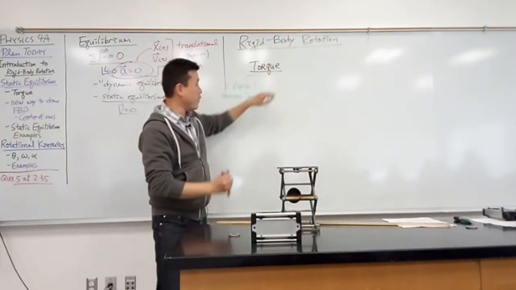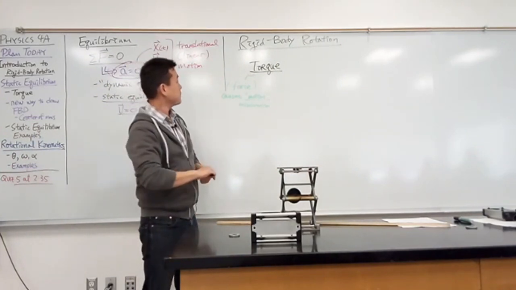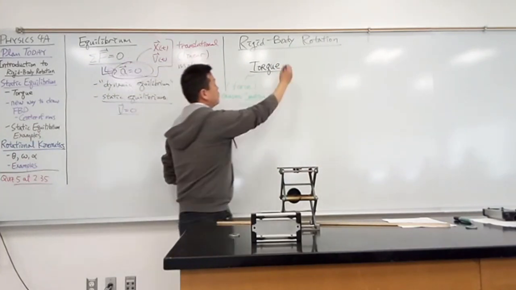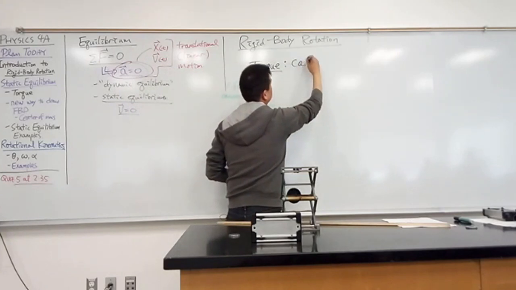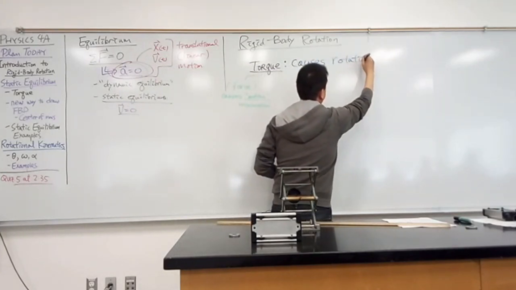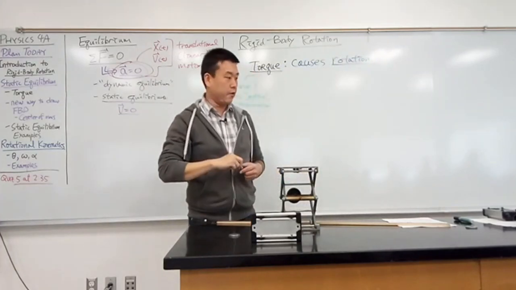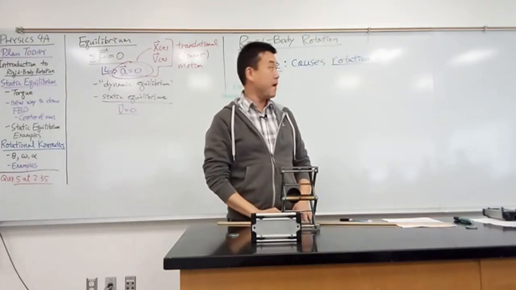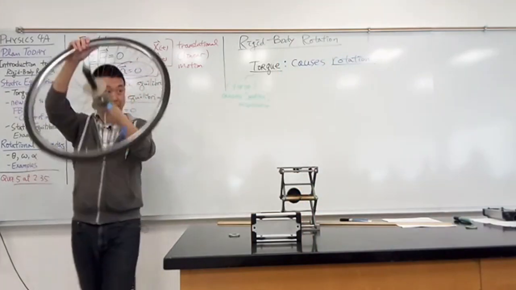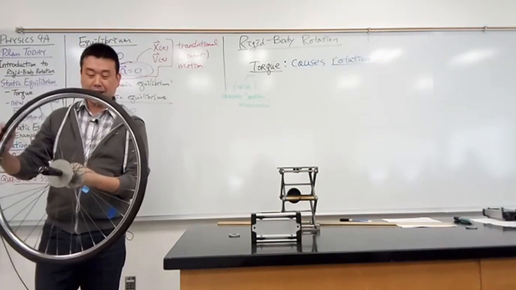So with the torque, we are going to say something similar. So we'll say, well, I want to model after this. So we'll say torque causes rotation. And I want to be a little bit careful about what I mean by rotation. This is a bicycle wheel. It's something that can rotate, which is why it's great for this demo.